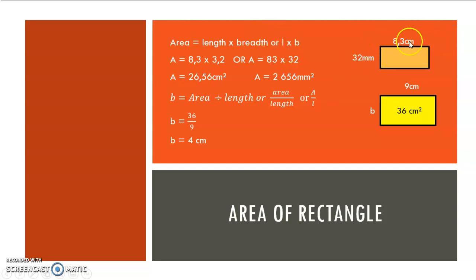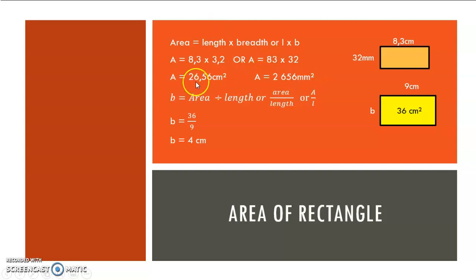My formula is length times breadth, as we said. So it will be 8,3 times 3,2. Or if I convert 8,3 centimeters to millimeters, it will be 83 millimeters. Then your answer will be 26,56 centimeters squared, or 2,656 millimeters squared. As you can see, measuring unit once again squared.